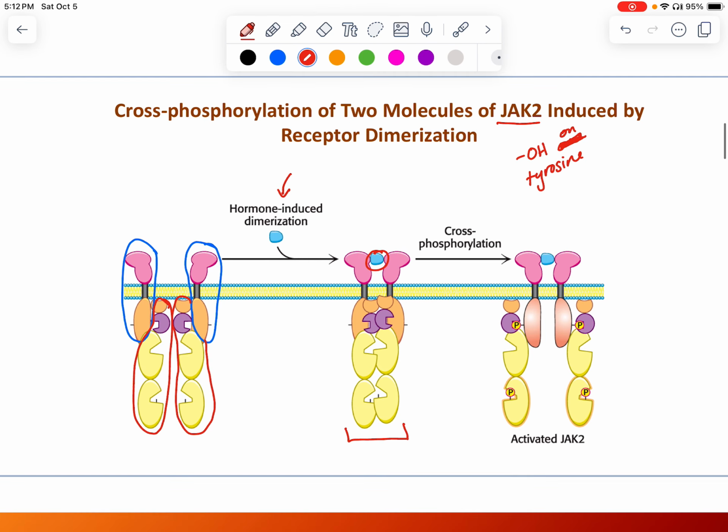When we pull these two together in close proximity, we get what we call cross-phosphorylation right here. One of these can cause the other one to be phosphorylated, so those hydroxyl groups on tyrosine will gain phosphate groups. And then this one will do the same for the other. So we get these phosphate groups now bound to where we had tyrosine.